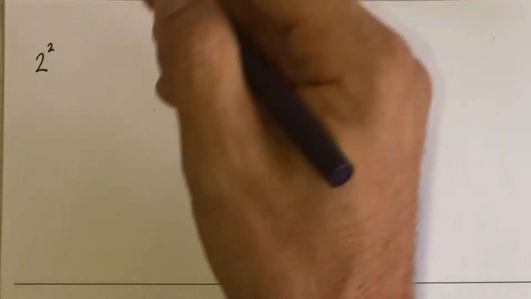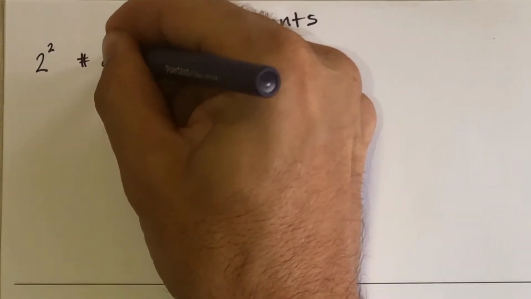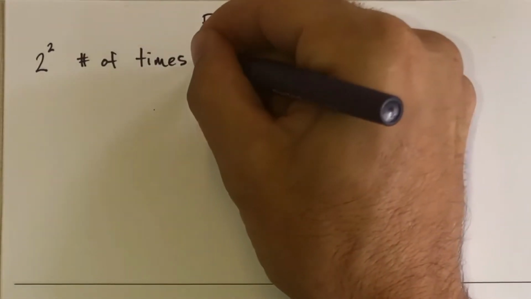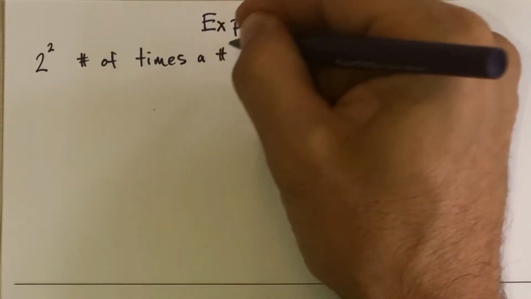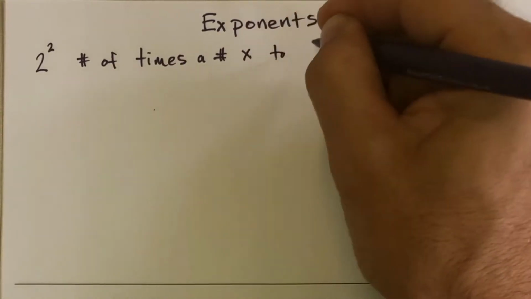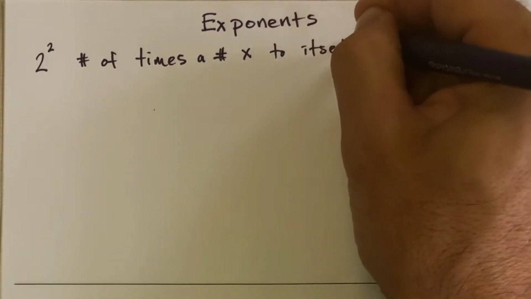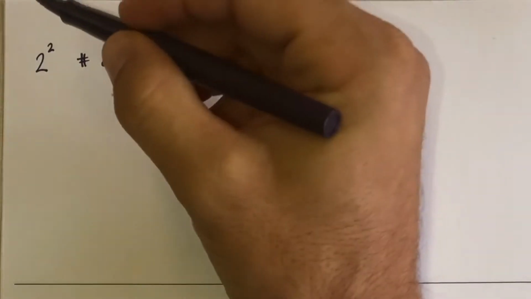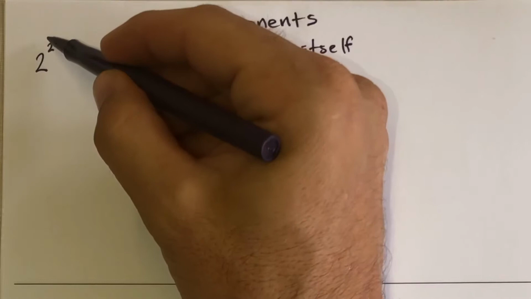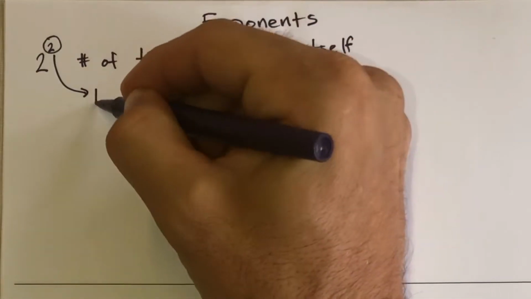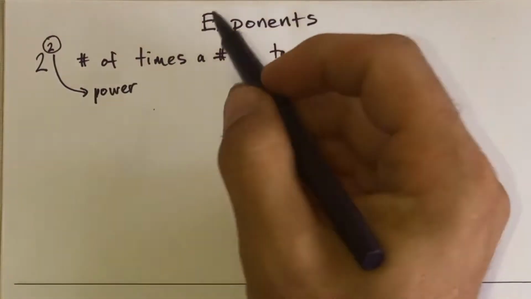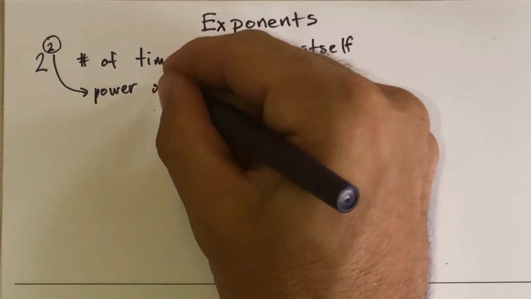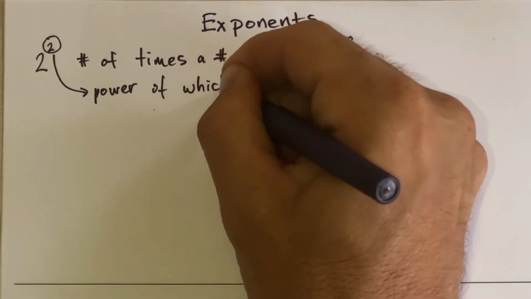Now, what this is telling you is the number of times a number is multiplying itself. The power is the number of times this number is to be multiplied by itself, the power to which this number is being raised.